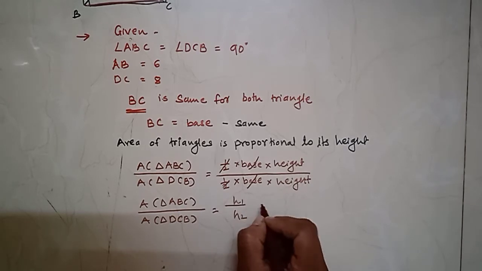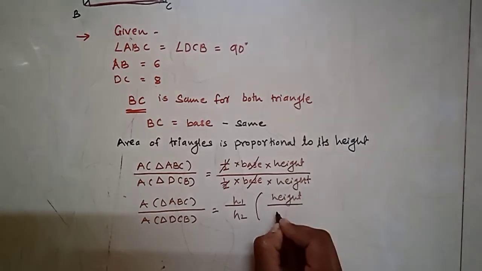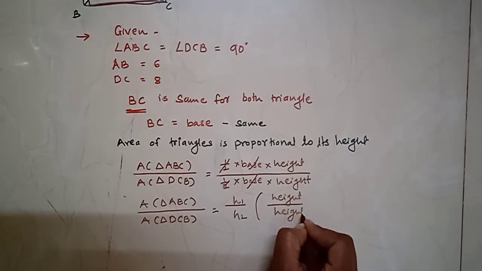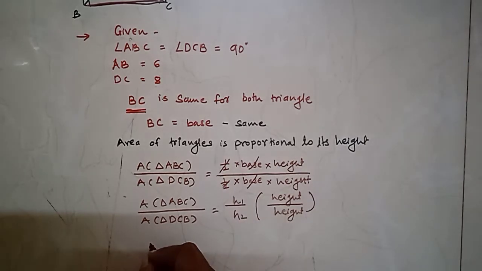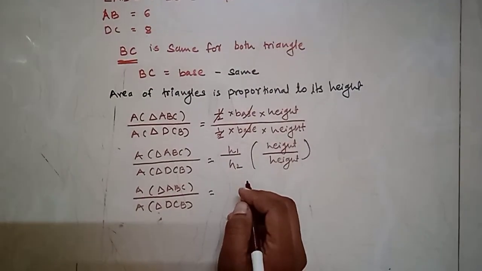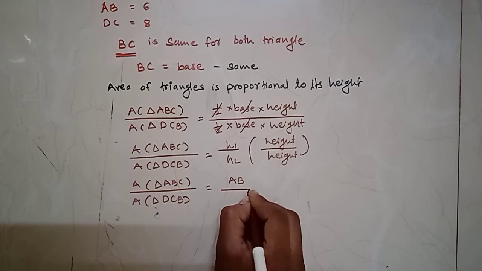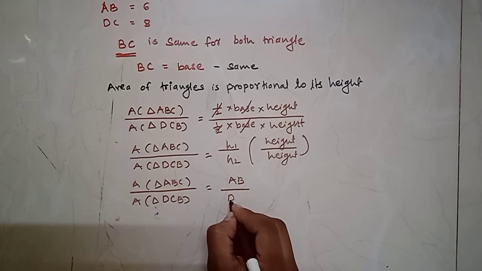कंसिडर कर, और आप हाइट भी ऐसे लिख सकते हैं, ठीक है? सो राइट हियर हाइट. Then we know that for the triangle, area of triangle ABC upon area of triangle DCB equals height. For triangle ABC it is AB and for triangle DCB it is DC.